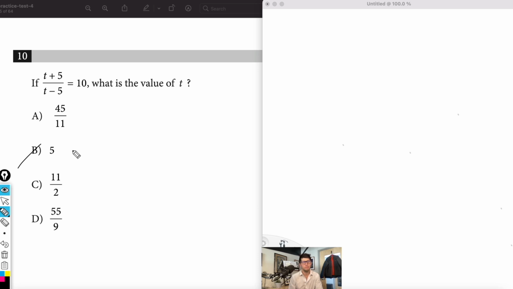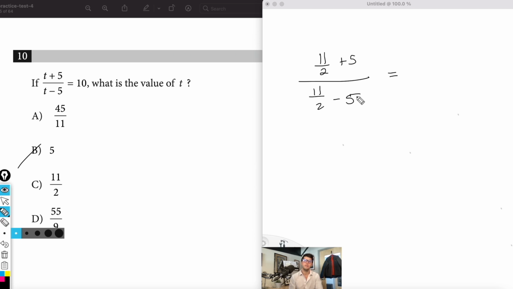Now it's important to say maybe I can figure out some stuff about bigger or smaller. I'm not totally sure, so I'm just going to get started. If we have 11 over 2 plus 5, and then 11 over 2 minus 5, we are wondering, what does this equal? Does it equal 10?